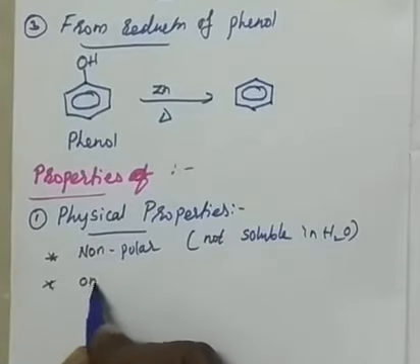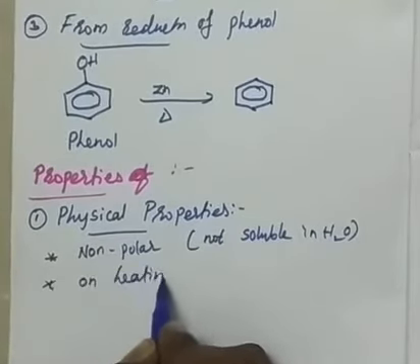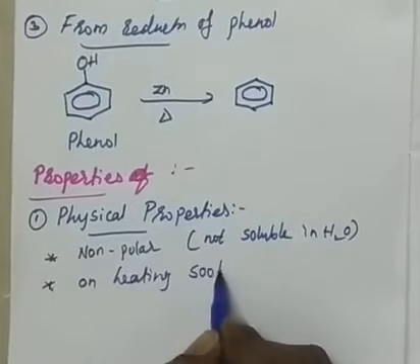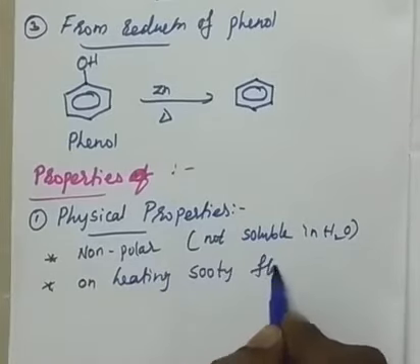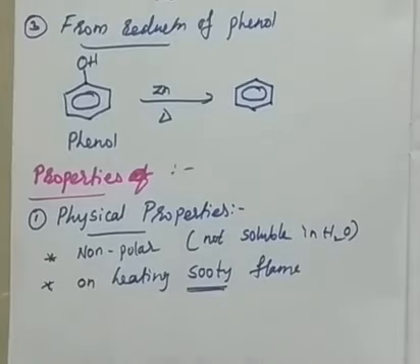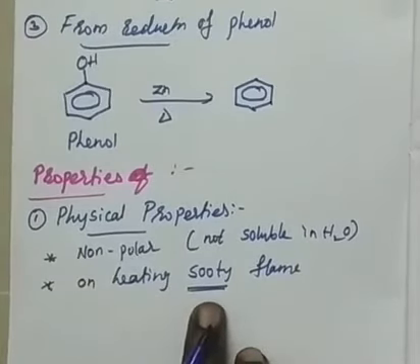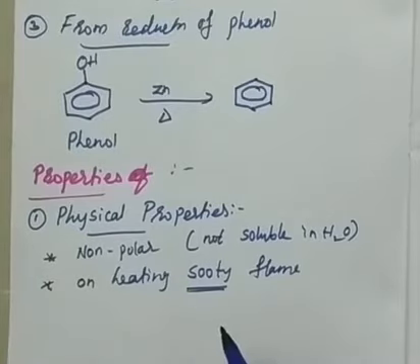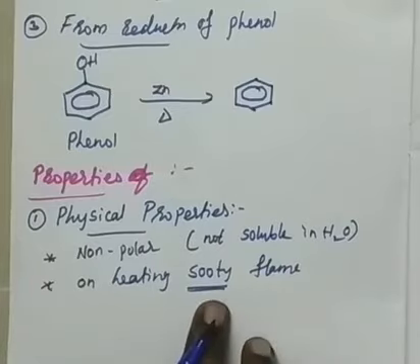And on heating they produce a sooty flame. Sooty flame, what? Like coal. Charring will happen if you take a little compound on a spatula and heat it on a burner; it will give you a black color flame, that is called sooty, right?